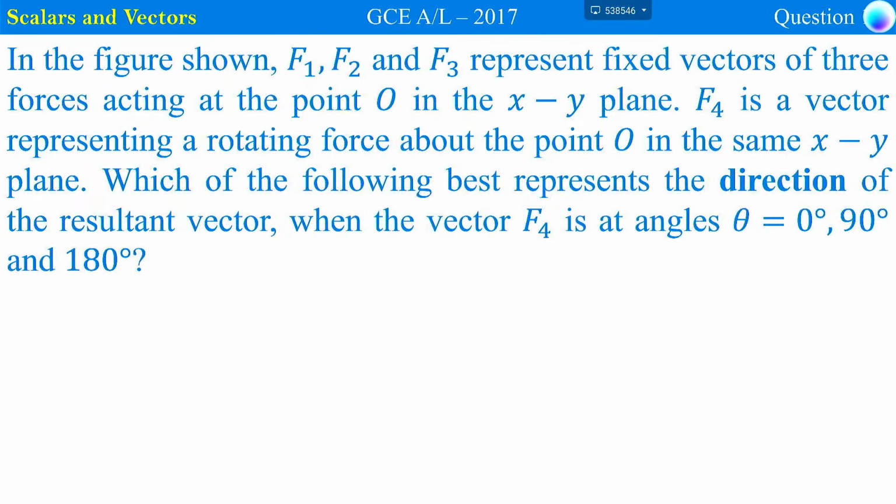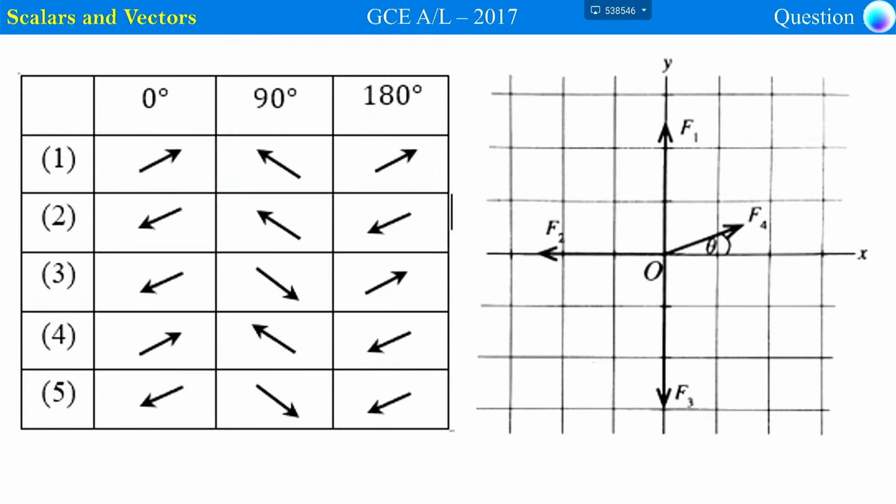Right, the next one, 17. In the figure shown, F1, F2, F3 represent fixed vectors of 3 forces acting at a point O in the XY plane. F4 is the vector representing a rotating force. Easy.